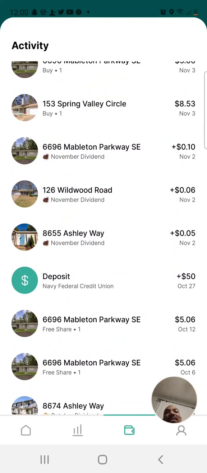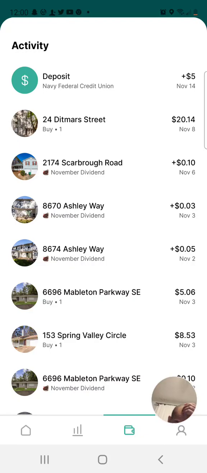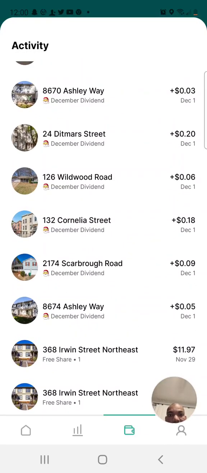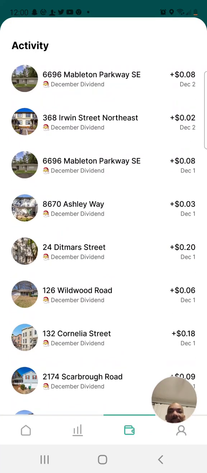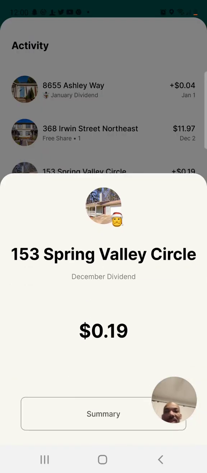But you gotta remember, a lot of these I only have like 1 share, and it's like $8 or $9 a share. But you can see, as far as the dividends for November, we got dividends for December, a few ones for December: 20 cents, 18 cents, 5 cents, 8 cents, 19 cents. The one for that, 153.